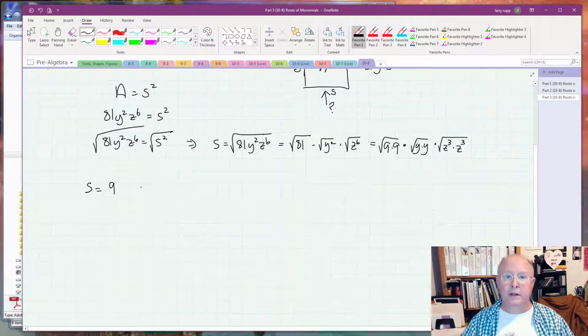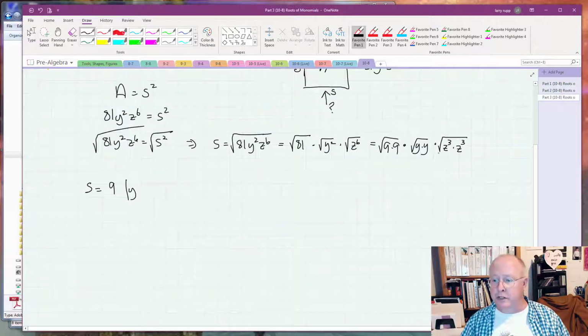From our previous example in the beginning, when the square root of x squared was x and x, we don't know if x is positive or negative. So we have to put absolute value signs around that x to force it to be positive. So this would be the absolute value of y.